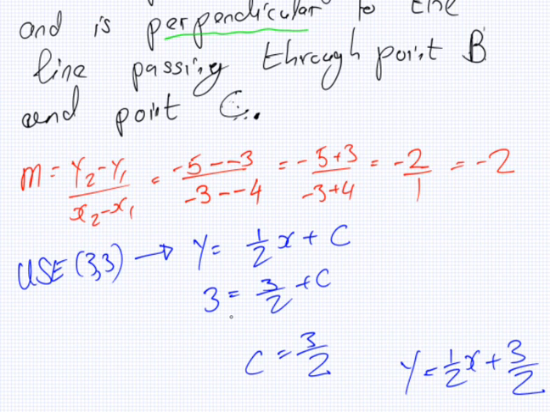C is 9 minus 5 over 7, which is 63 over 7 minus 5 over 7, which is 58 over 7. So we have our answer: y equals 5 over 7x plus 58 over 7.